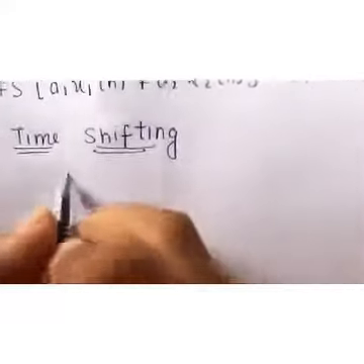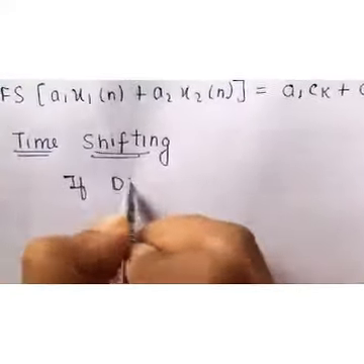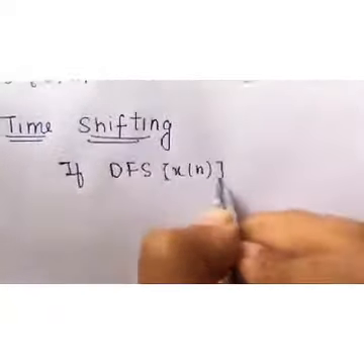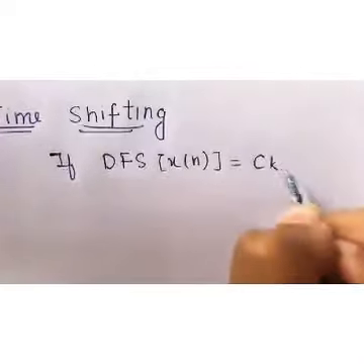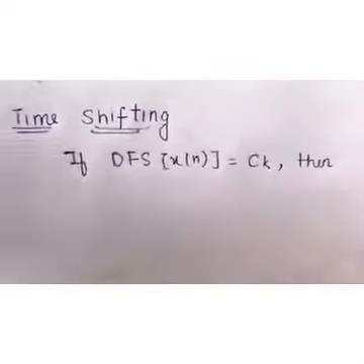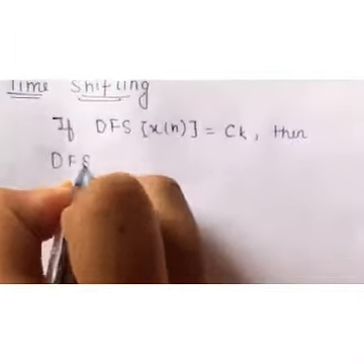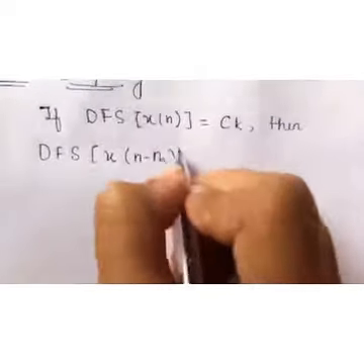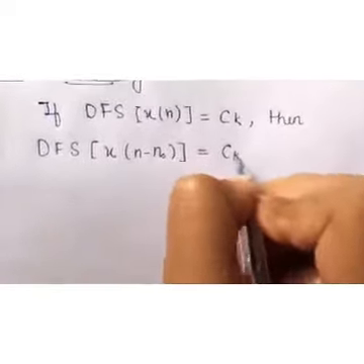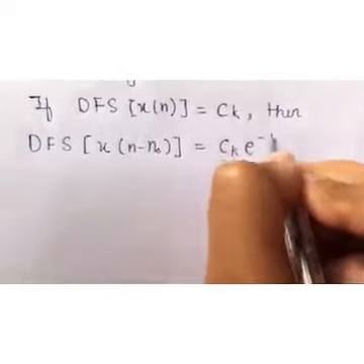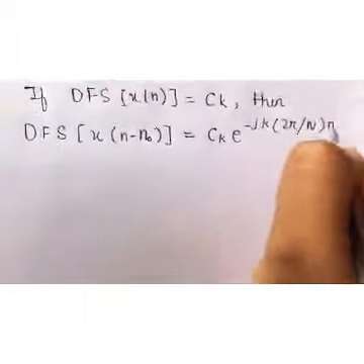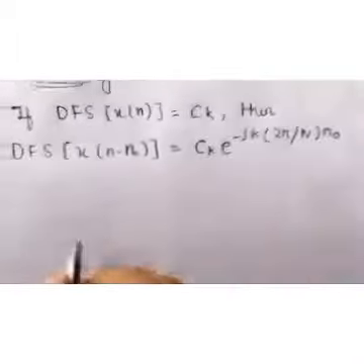The second property is time shifting. It states that if the DFS of x of n is c of k, then the discrete Fourier series of x of n minus n0 is equal to c of k e raised to the power minus jk 2π by N times n0.